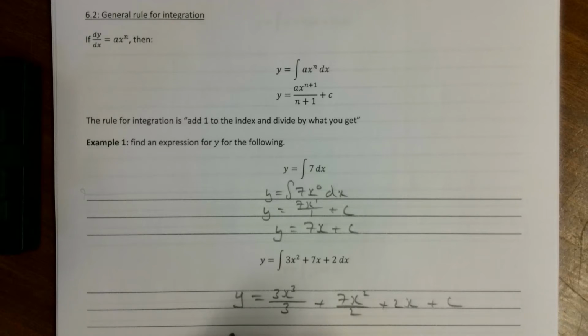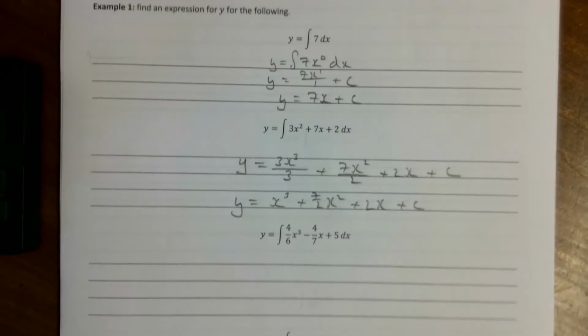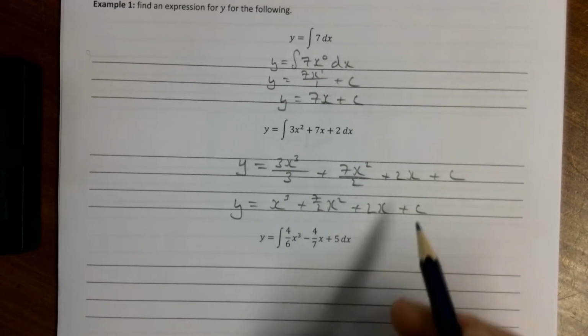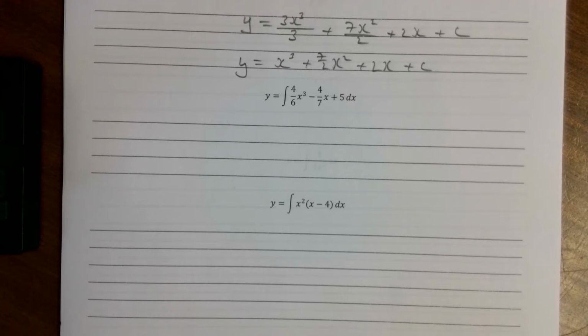We could tidy this up just for a final line. 3x cubed over 3 is x cubed, plus 7 over 2, x squared, plus 2x. Plus c. Of course you can't see that, but hopefully that makes sense. Remember, the 3 and the 3 cancel there. 7 over 2 x squared, 2x plus c.